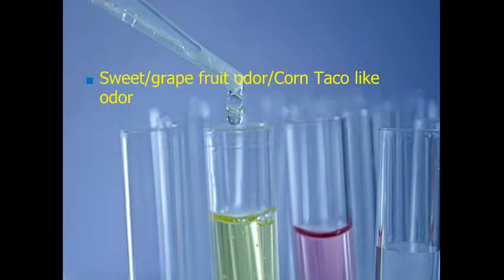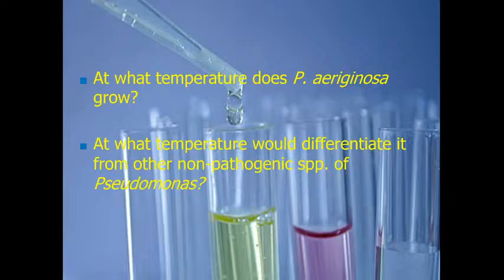Most importantly, temperature preferences. Pseudomonas aeruginosa can grow at 37 degrees Celsius, which is basically body temperature, but unlike different members of the Pseudomonaceae family, it's the only one that is capable of growing at 42 degrees Celsius. So it's slightly thermophilic.